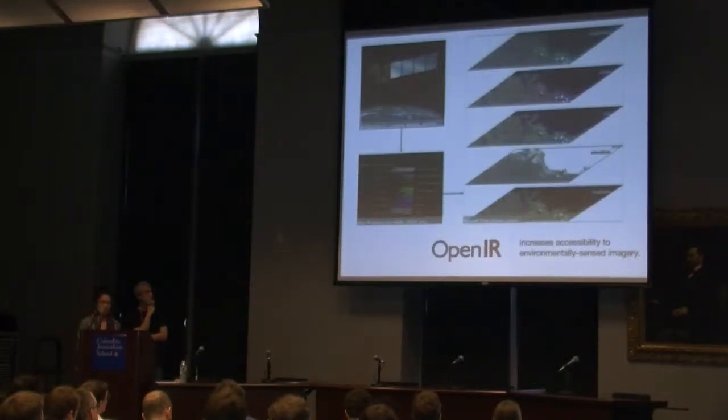So our project, the foundational effort, is to increase accessibility and understandability of environmentally sensitive imagery, particularly from these public satellite sources that have been in the public domain for decades, but we just don't really see this kind of imagery all that often.